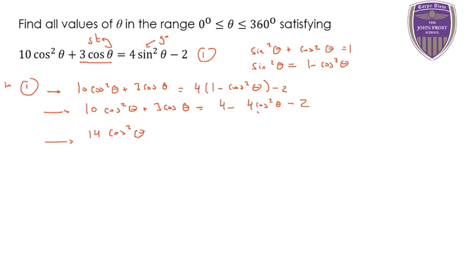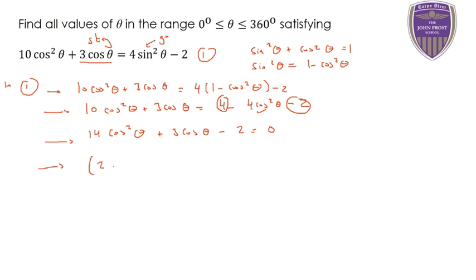There's no cos over here, so it's going to be 3 cos theta here. On the right-hand side, 4 take away 2 is actually positive 2, so if I take it over here, it's going to be negative 2, and that equals 0.